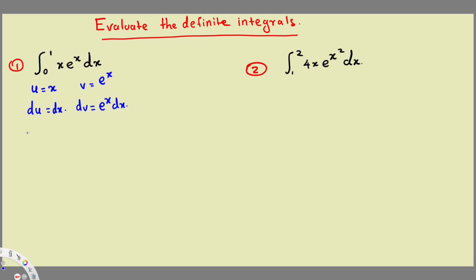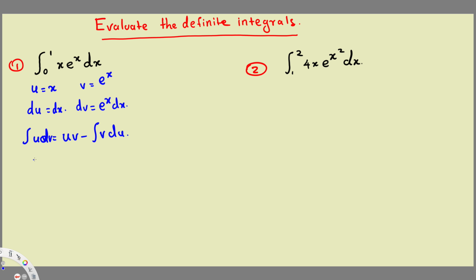So let's put it in this formula. The integral of u dv is equal to uv minus the integral of v du, right? This is the equation.